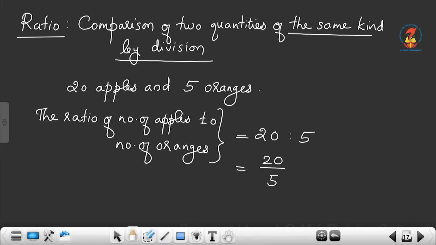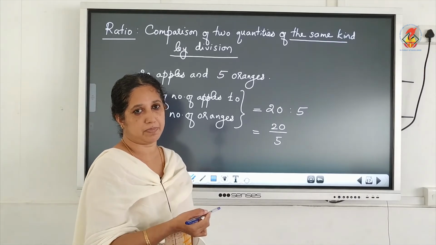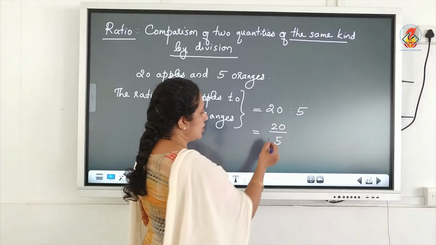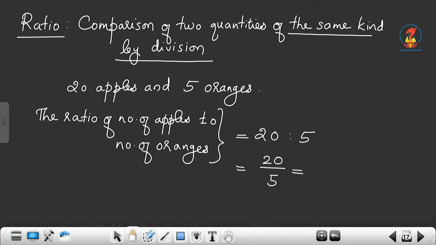Now, ratio should be expressed in the lowest form. So, 20 by 5, we can divide both numerator and denominator by 5. So, you will get 4 by 1, which is equal to 4 is to 1. So, 20 is to 5, we can write as 4 is to 1.